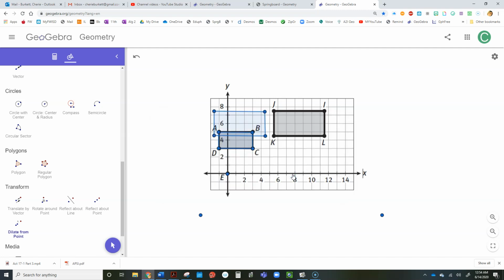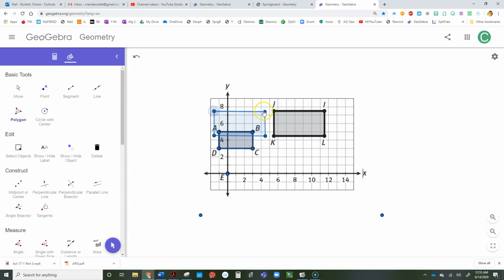I press OK, and it gives me this. Now, this right here is not this. But we've got a couple of options. We could translate it. We could reflect it. We could do lots of things. I don't know if it'll let me move this one or not. No, it won't, because it's the result, but I could trace it.